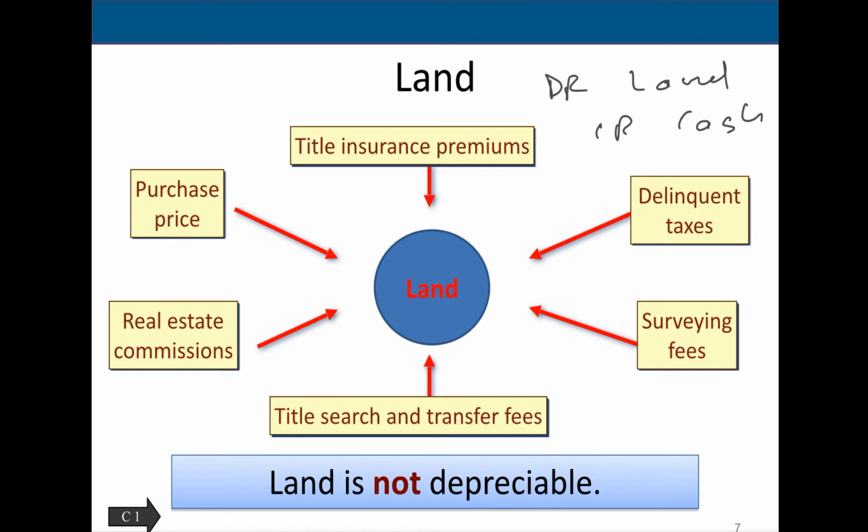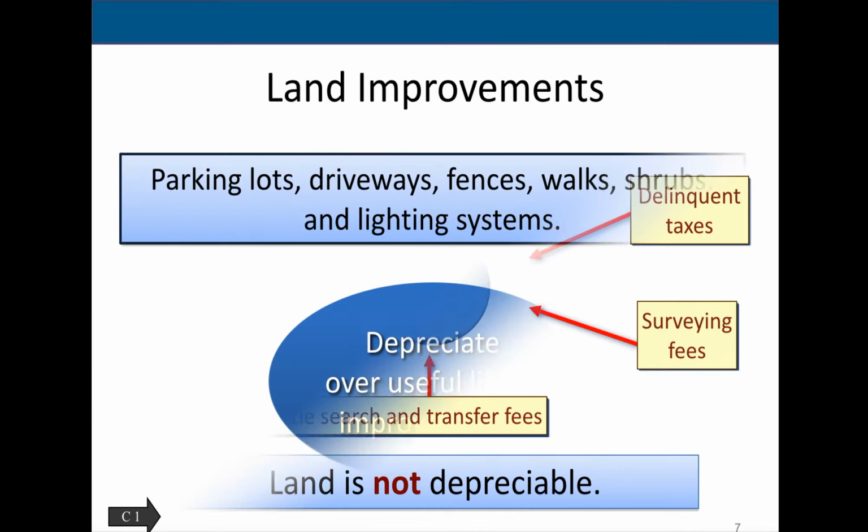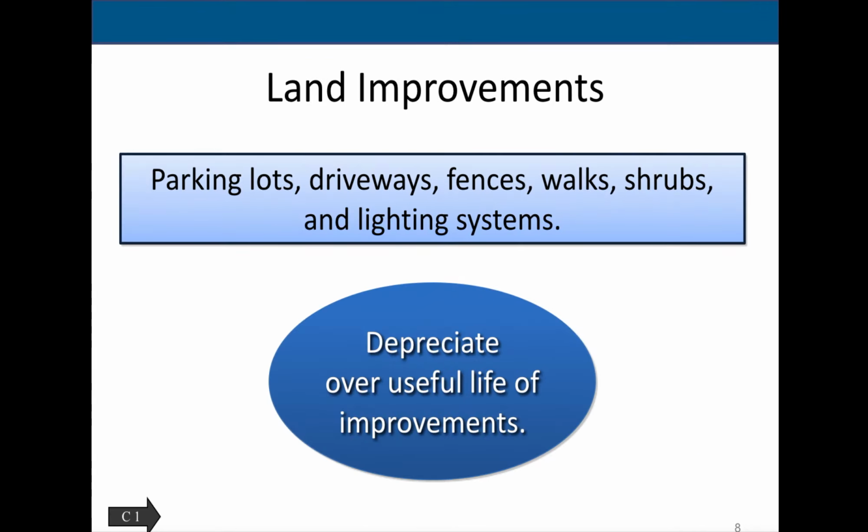This doesn't mean actually going out and plowing the land, that type of thing. We'll get to that in a second. This is just getting the land able to be usable in terms of, okay, I'm legally able to use this land now.